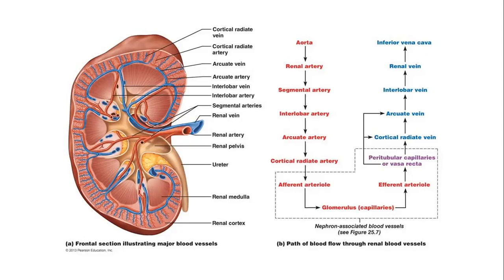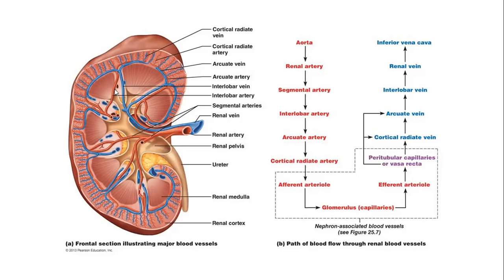These interlobar arteries are given off by the lobar arteries before the lobar arteries enter the renal substance. So here in the diagram, you can see the interlobar arteries.